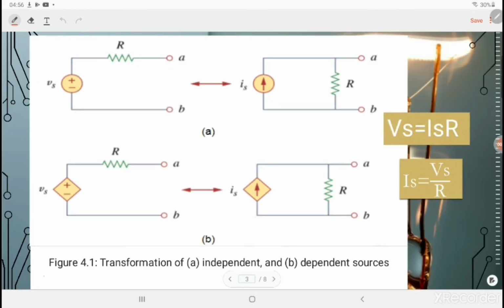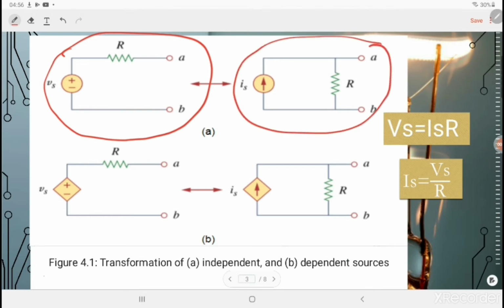So this is an example of how we apply the source transformation technique. We can convert the voltage source over here into the current source over here. So how do we convert the voltage source into a current source? You need to apply the same value of resistor.